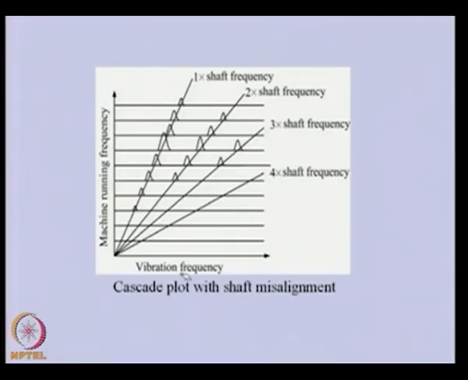This is the vibration frequency, this is the shaft running frequency. So, you can see this is the 1x. So, amplitudes are present in this. Even at 2x, some of the peaks are present as we are increasing the speed. 3x, a few are there.